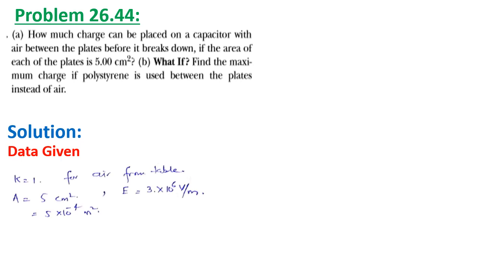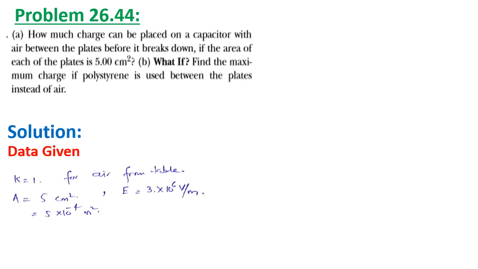Kappa for air is 1, and from the table we can find the electric field when we are using air as dielectric, and the value of E is 3 into 10 raised to the power 6 volt per meter. Area of the plates is given, that is 5 centimeter square. So we'll convert it into meter square, which is 5 into 10 to the power minus 4.